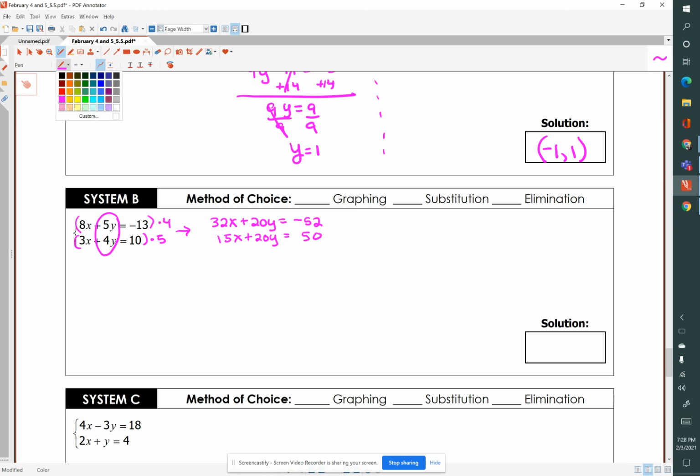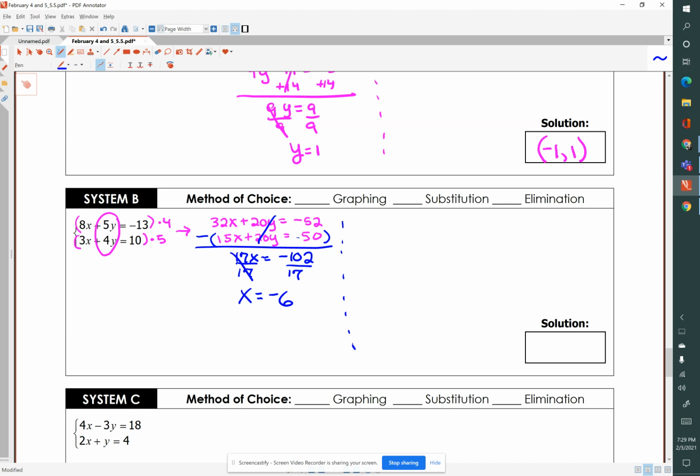And then I'm going to subtract the second equation from the first. 32 minus 15 is 17x. The y's are eliminated. Negative 52 minus 50 is negative 102. Divide both sides by 17, and x equals negative 6.